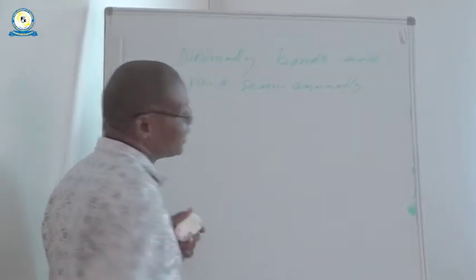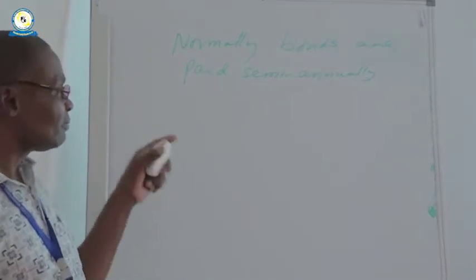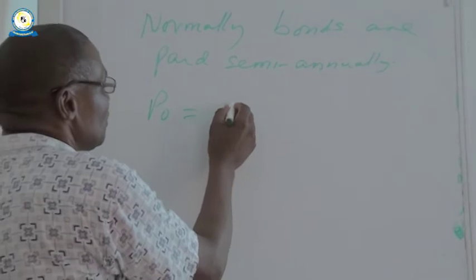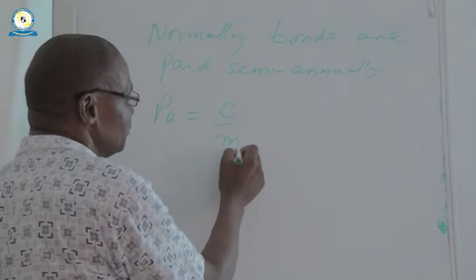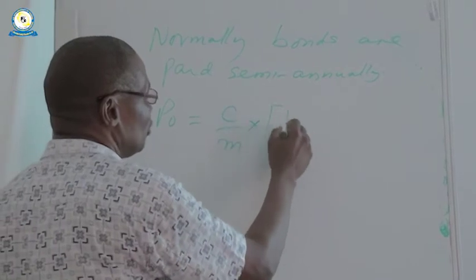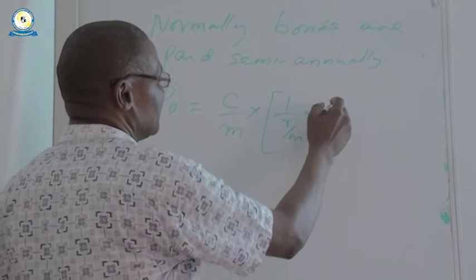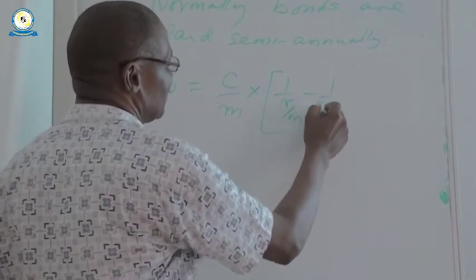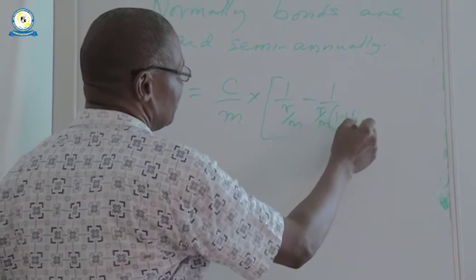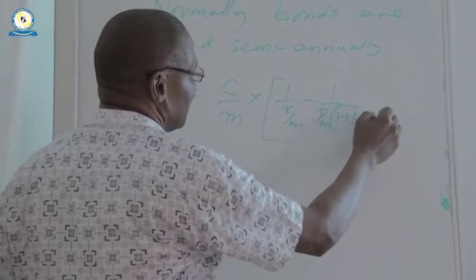So we have a general formula for semi-annual calculation. P naught is equal to C divided by M, times 1 over R divided by M, minus 1 over R over M times (1 plus R over M) power N M.